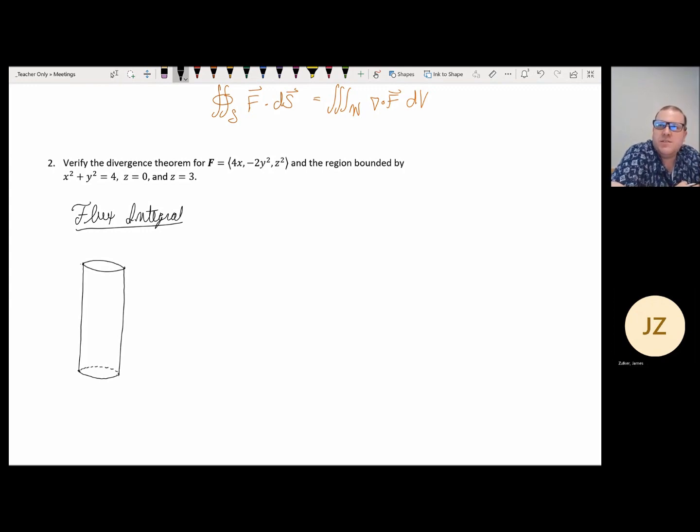The surface we're dealing with is a cylinder and has radius 2. So it's a cylinder of radius 2 that extends from z equals 0 to z equals 3.